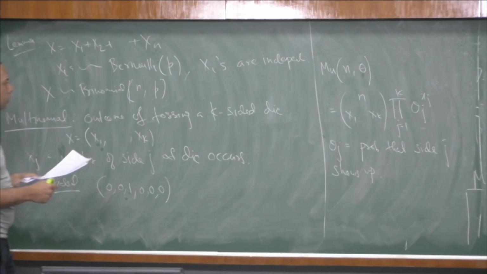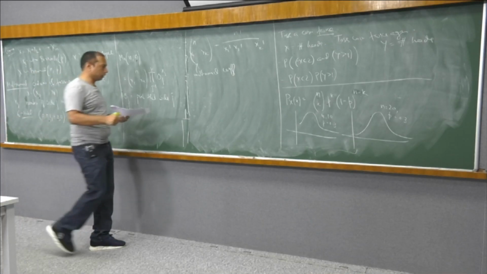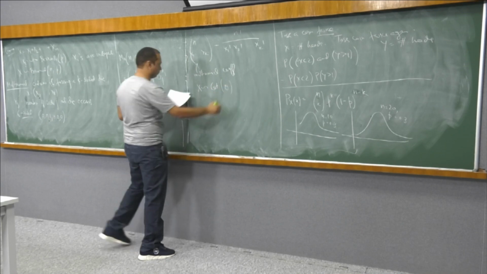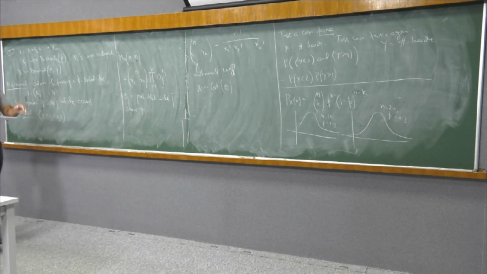We can say in general, let X follow a categorical distribution with parameter theta, and the context can be clear depending on what we are trying to use, but all these are part of the categorical distribution. For discrete distributions, I think we have to do a few more. I think we will go with Poisson next. So let us look into Poisson.